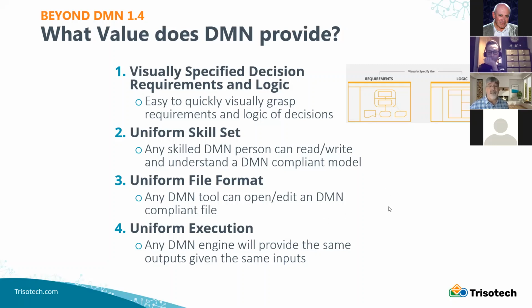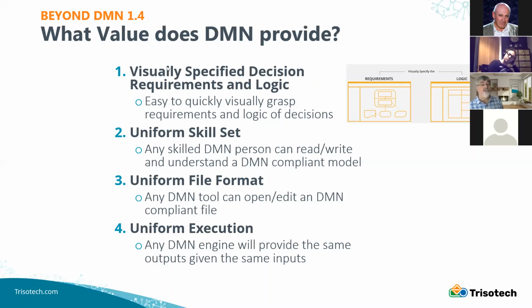And the last one is also very important in my view. It's uniform execution, which says that any DMN engine will provide the same output given the same input. I think that's important because if I create a DMN model that calculates whatever, a BMI score, a body mass index score, I want to make sure that when I run that same model on an IBM platform, a Trisotech platform, a Red Hat platform, whatever the platform, that given the same input, I'll get the same output, because that's why I'm using a standard, not just for the drawings, but also for the behavior.